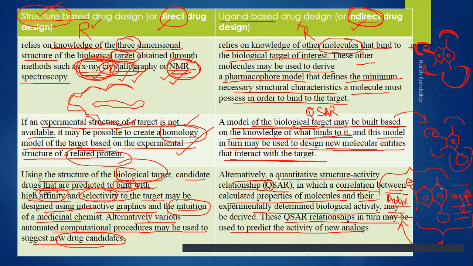What effect a substitution will have on the physicochemical property, and in turn what effect will that substituent have on the activity. So here we are trying to correlate a physicochemical property with the activity, and hence this is called quantitative structure activity relationship.